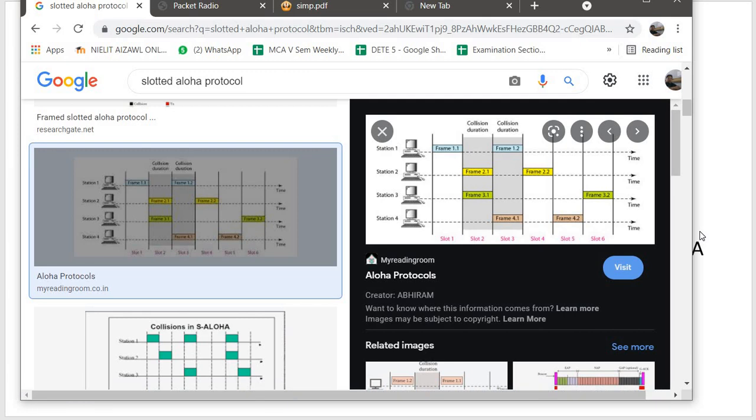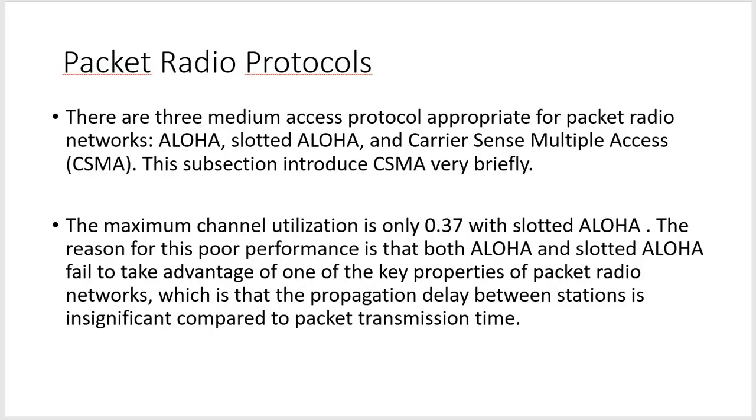Now, the boxes indicate frames which are in the same slot. So if it maintains the time, then each and every time we need to send the data. If it collides with another one, then it needs to be sent back for retransmission.